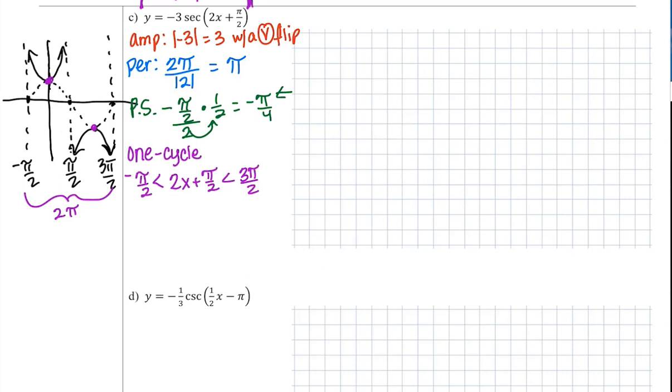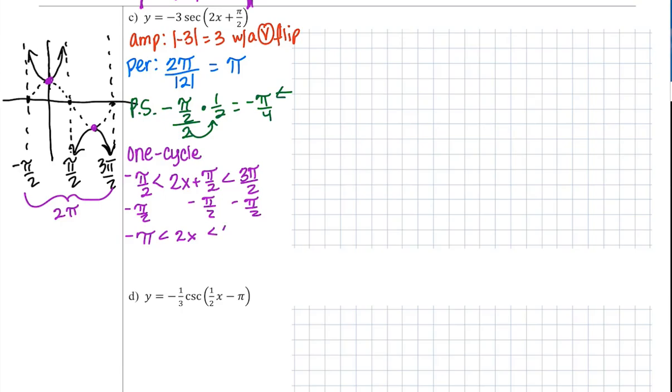We're going to take the original cycle, one cycle of the cosine function, and we're going to horizontally change it by subtracting pi over 2 from each section. So we get negative 2 pi over 2, which is negative pi, less than 2x, less than 2 pi over 2, which is pi.